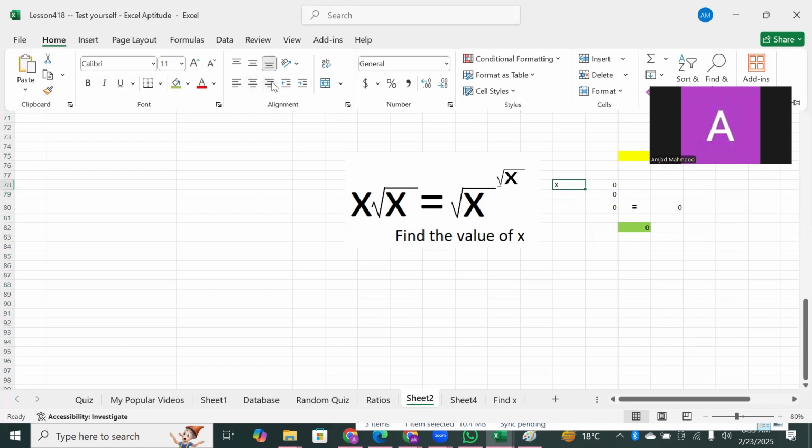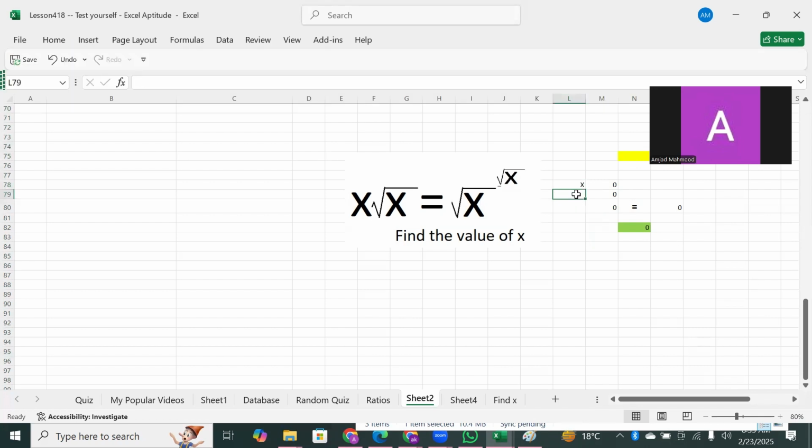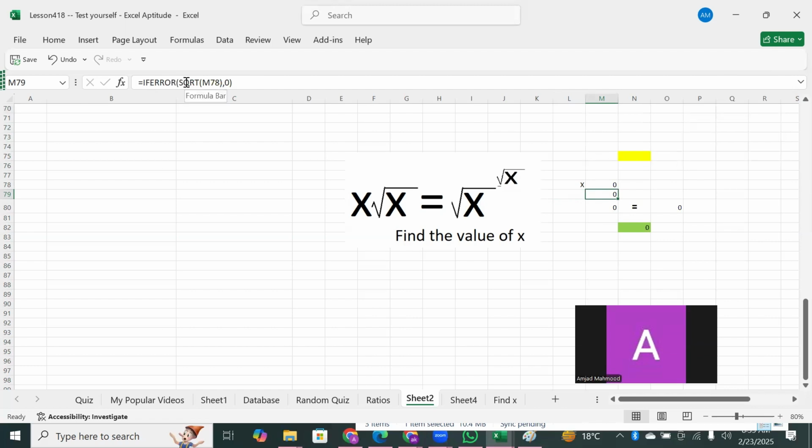The next thing we do is the root of x. The root of x means we simply write the formula square root, because in case of zero it will generate an error. So stop this error and this error will be replaced with zero.